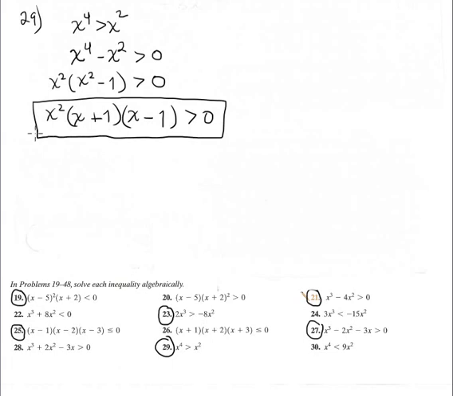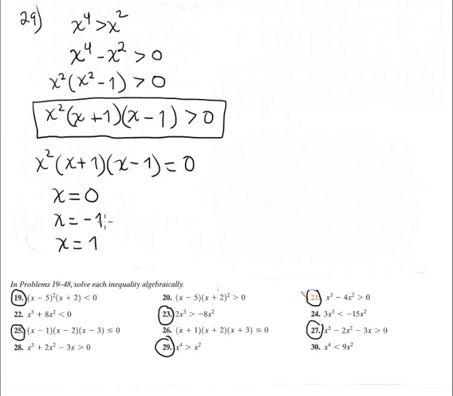After that, I convert it to an equation. I solve this equation in order to find the critical values, which are 0, negative 1, and positive 1. This is the critical value set. These critical values help me do the partition of the real number line.